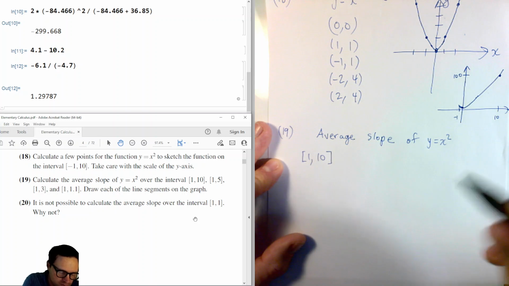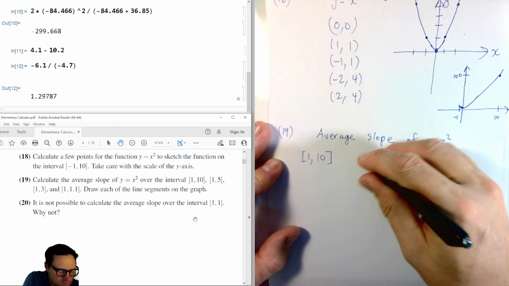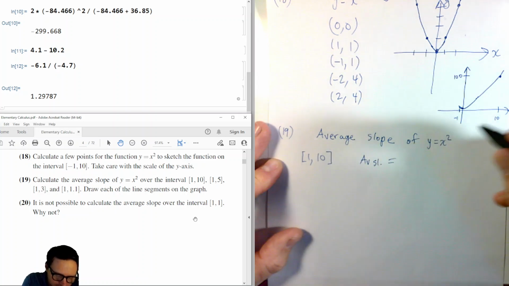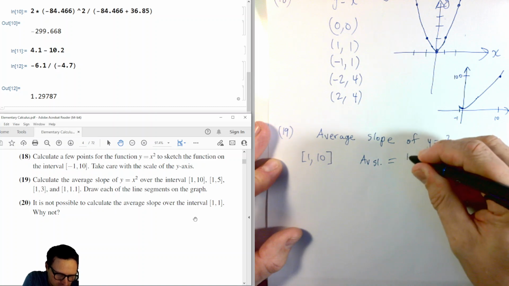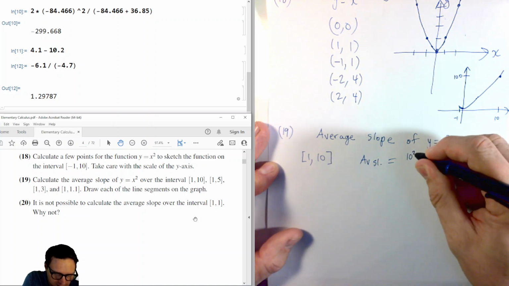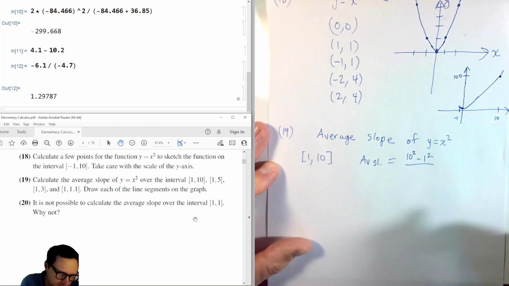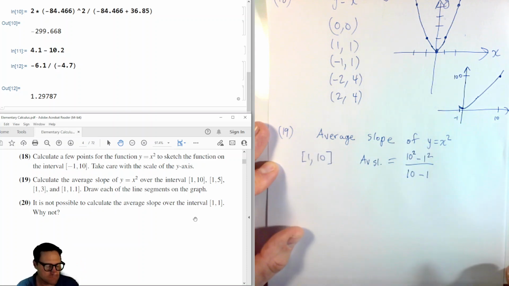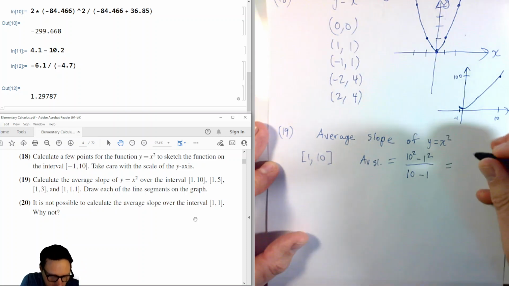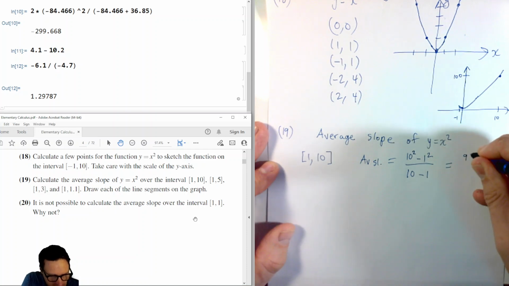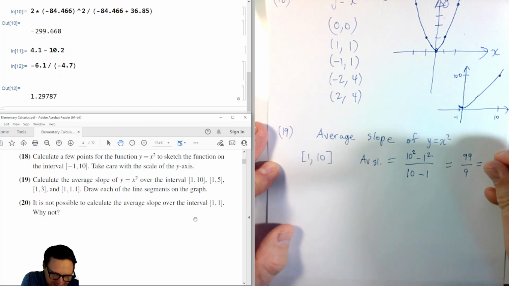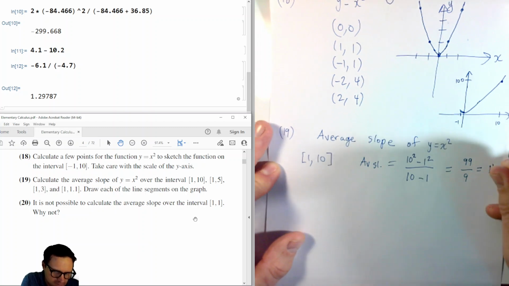So the average slope would be (10 squared minus 1 squared) over 10 minus 1. Okay, and so 10 squared is 100, 1 squared is 1, so 99 over 9, which is 11, isn't it? Yes, 11 times 9 is 99. Okay, so 11.